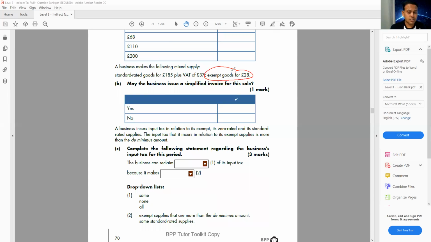If the amount says 250 and there are exempt supplies included, obviously it's not crossing. Mainly when you have a simplified invoice, we consider the standard rated and the zero rated, because these are the two we can claim back. Exempt supplies we actually cannot claim back. So for that reason, if we do not cross 250, we can use the simplified invoice.